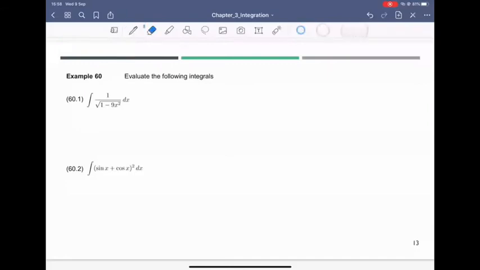Tell me in the chat, what formula do you want to use if you see question 60.1? What formula do you want to use when you see 1 over the square root of 1 minus 9x squared on the denominator? Kittipat says arc sine.